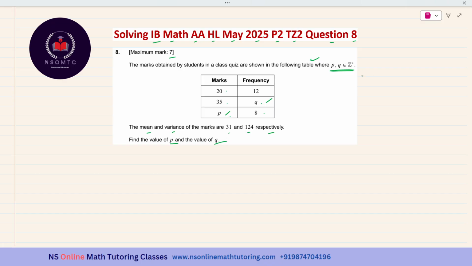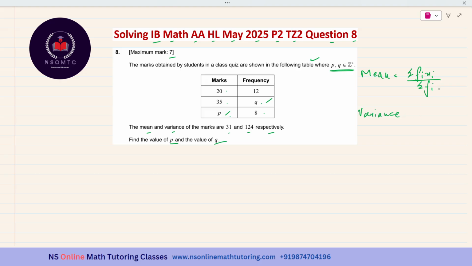Okay, so we know these two formulas. These are given in your formula booklet. The mean is sigma Fi xi over sigma Fi. This is the formula for the mean. And the formula for the variance, you can consult your formula booklet.